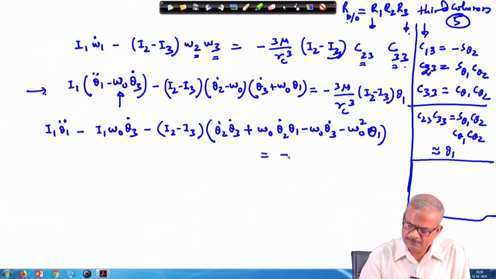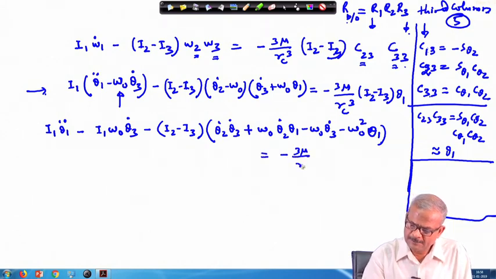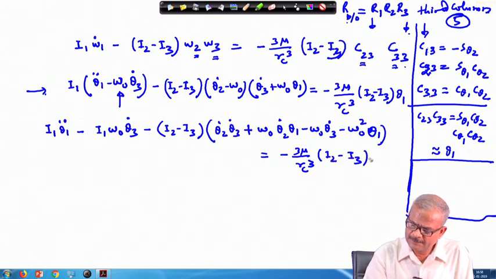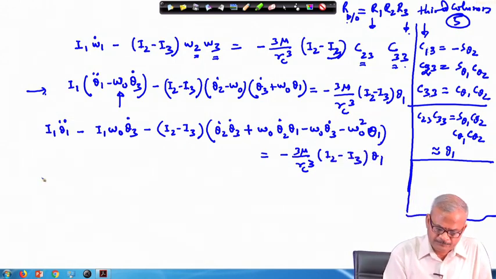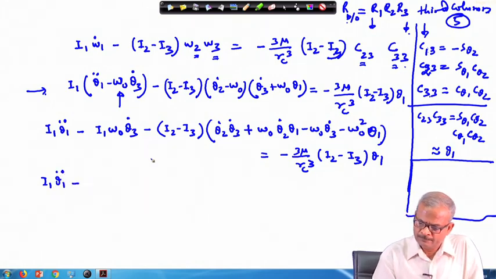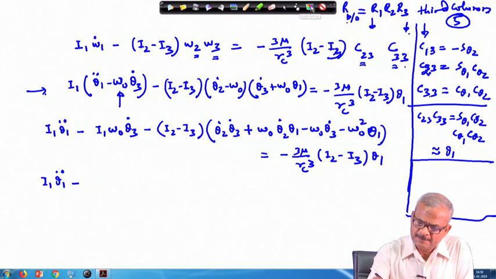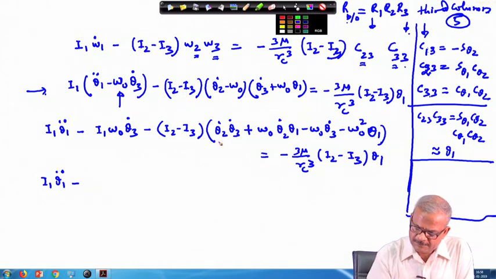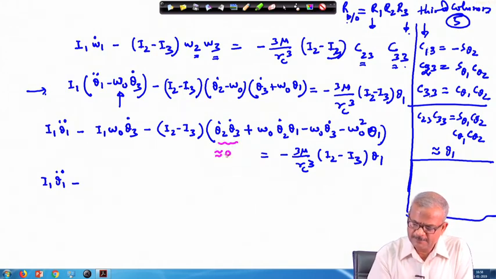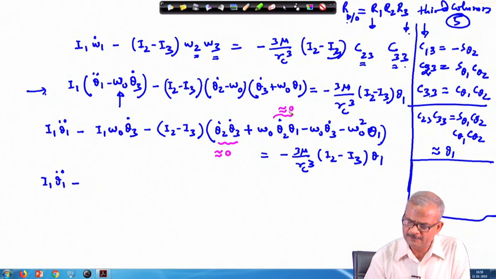This equals minus 3 mu by R c whole cube I 2 minus I 3 times theta 1. What we see is that this is a second order term, this gets reduced to 0. Similarly, this term here is a second order term, so this will also be equal to 0, and this term remains.